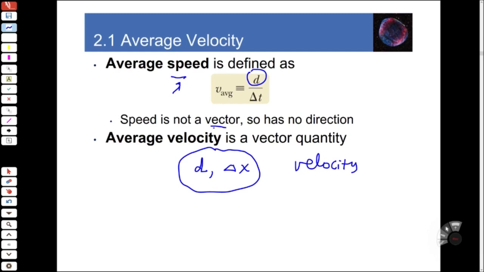So speed is not a vector, it has no direction, but average velocity is a vector quantity. Average velocity, this is velocity now, not speed, is defined as delta x over delta t. That is the definition of average velocity. It basically says how much the displacement changes per unit time.